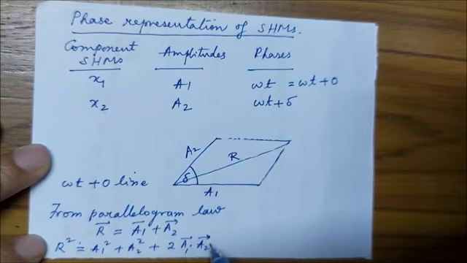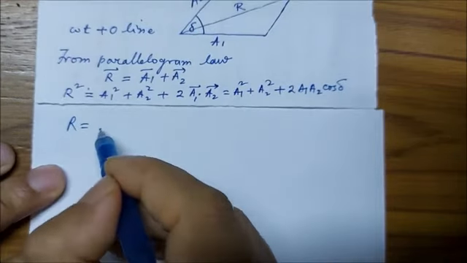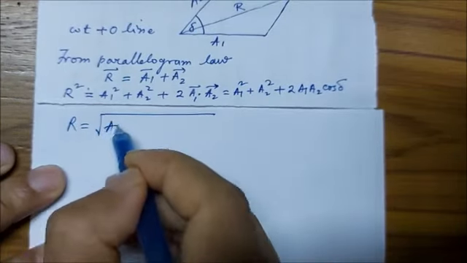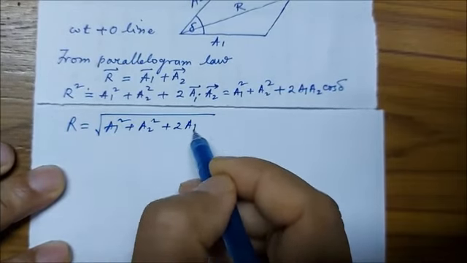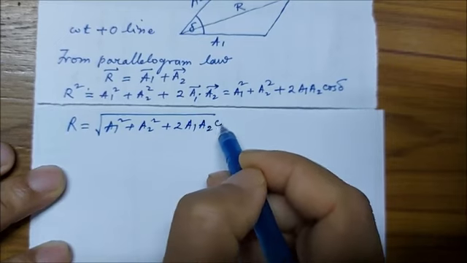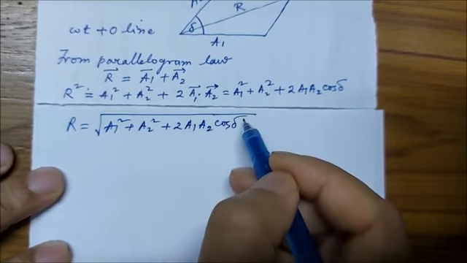So in the next step we can write A1 square plus A2 square plus twice A1 A2 cosine of delta. So R is the square root of this. So we have reproduced the previous result.